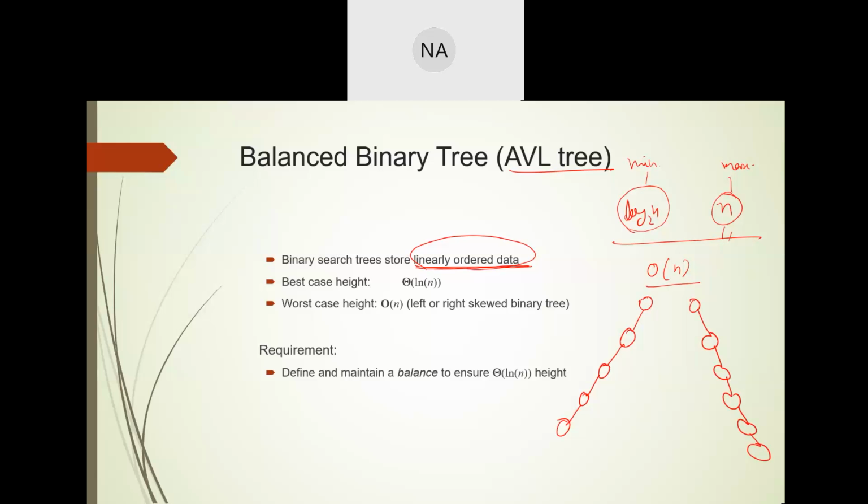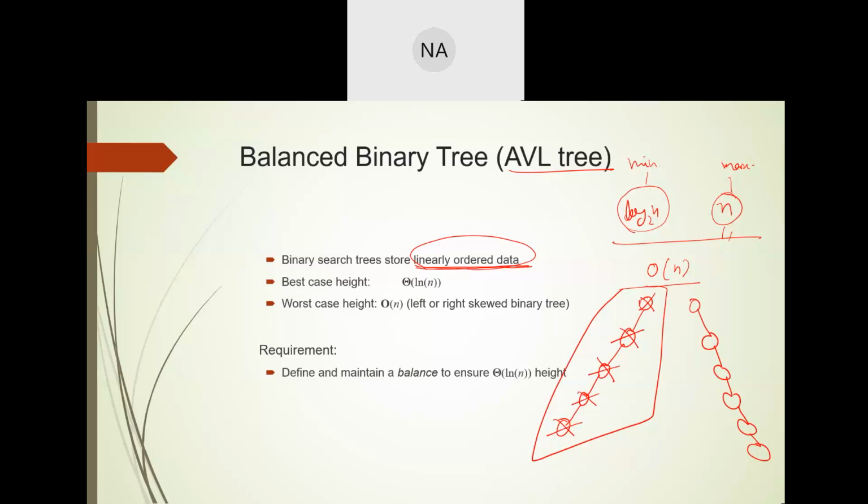Okay. So for example, if the tree is left skewed, you start comparing with the root node. Then you will compare with this node, then with this, then with this, and then with the leaf node. So all the elements in this tree will be compared with the new value, if the new element is the smallest one.